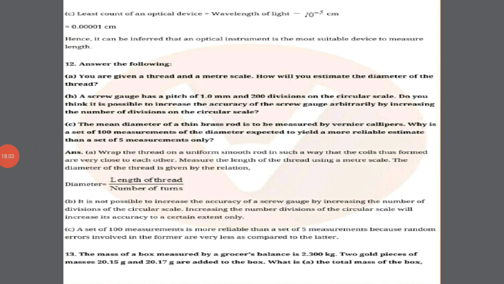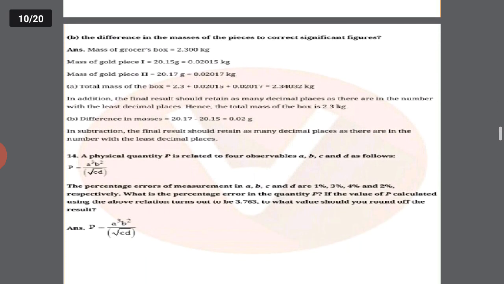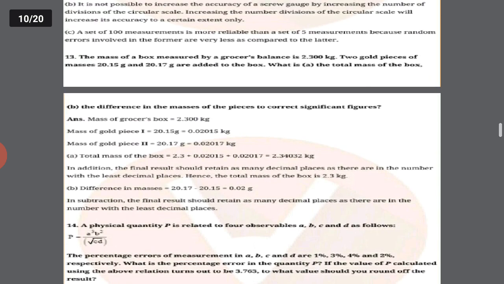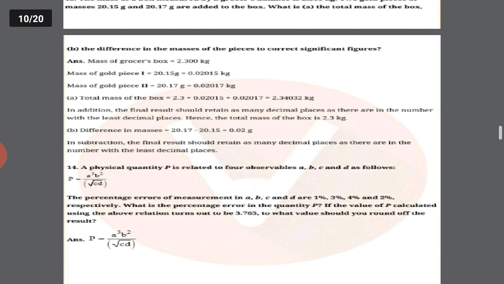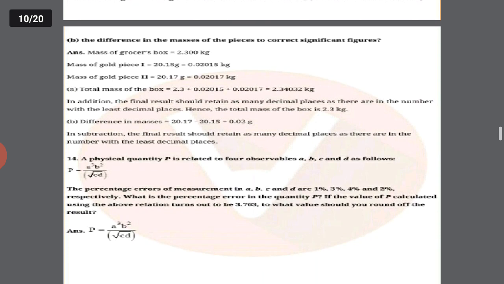The mass of a box measured by a saucer balance is 2.300 kilogram. Two gold pieces of mass are added to the box. What is the total mass of the box? Let's find out. The mass of the box is this, the mass of the first gold piece is this, the second is this, and the total mass will be this.